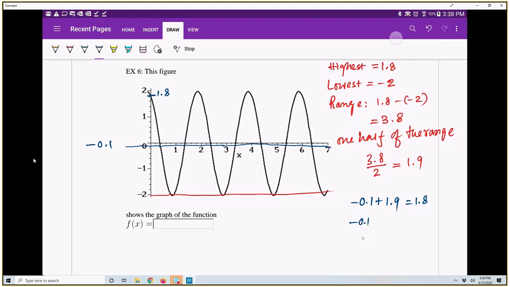If you start at the center line at -0.1 and you subtract 1.9, half of the range, you should get -2. So that tells me the center line should be -0.1, which tells me you can think of your original cosine function and shift it down by 0.1 units. So keep that in mind. Just keep in mind that this is a shift down by 0.1 units.